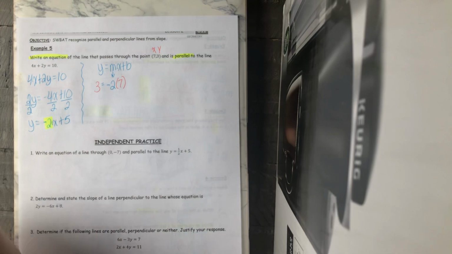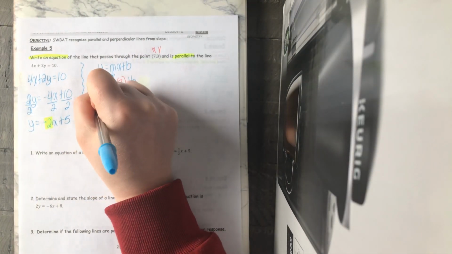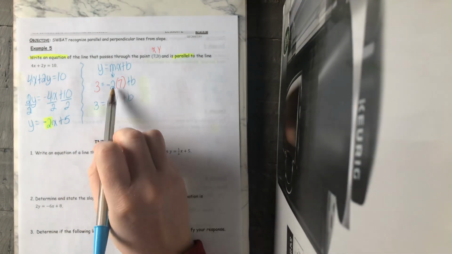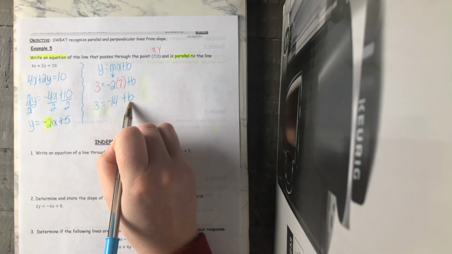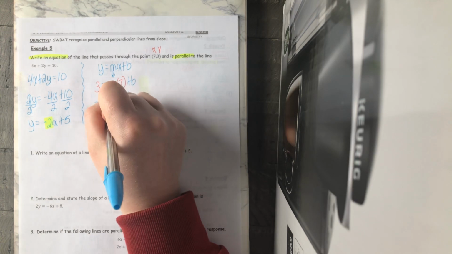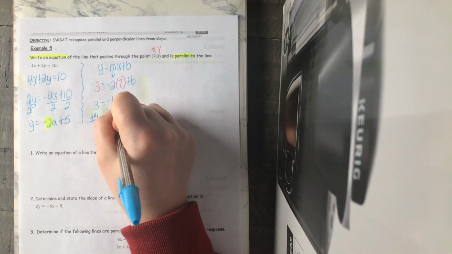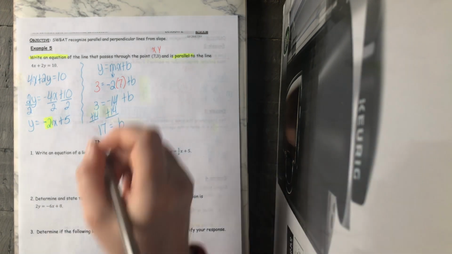And now from here, I'm just going to solve. So 3 equals negative 14 plus b. Negative 2 times 7 is negative 14. If I want to get b by itself, I have to move this negative 14, so a negative becomes a positive. I'm going to add 14 to both sides. So now we have b equals 17. That was my second step.